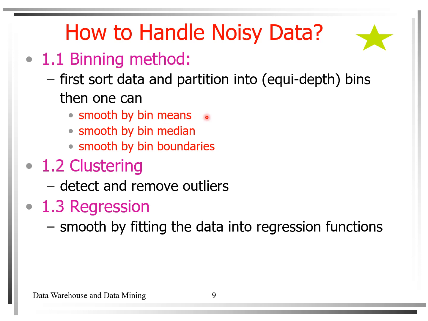And after we partition the data into bins, then we will be smoothing the data, and we have three approaches to smoothing the data in the bins. Smoothing data in bins by means, smoothing data in bins by median, or smoothing the data in bins by boundaries.